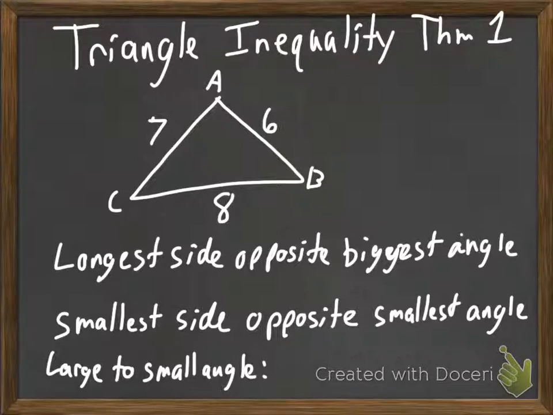So if you just know the sides of a triangle, you can figure out which angle's the largest, which angle's the smallest, and which one's in between. So if we're going to list these angles from largest to smallest, we have our measures of 8, 7, and 6. It looks like 8's the biggest, and it's opposite A, so it's going to go angle A, then angle B, then angle C.